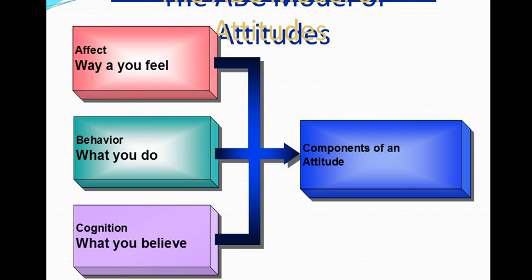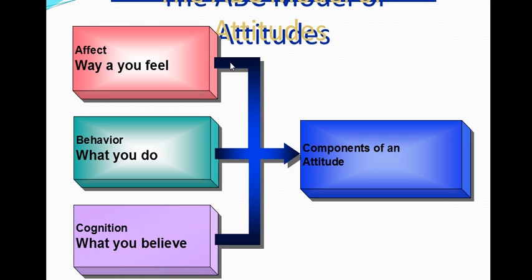A stands for affect, affection, liking, not attitude. Usually students have this as their common mistake. We ask them A, B, C, model of attitudes, and they say A for attitude. I have a positive attitude. That's wrong.